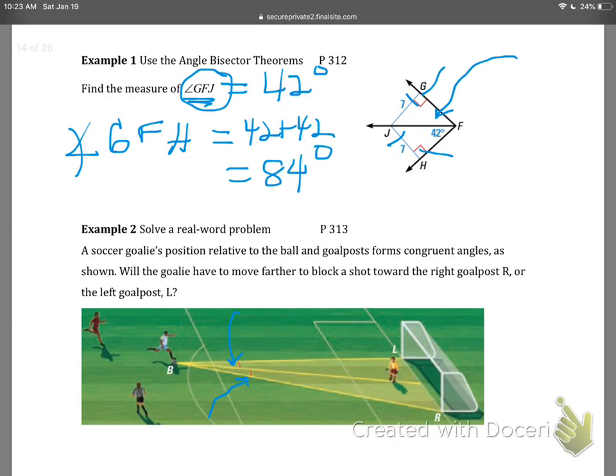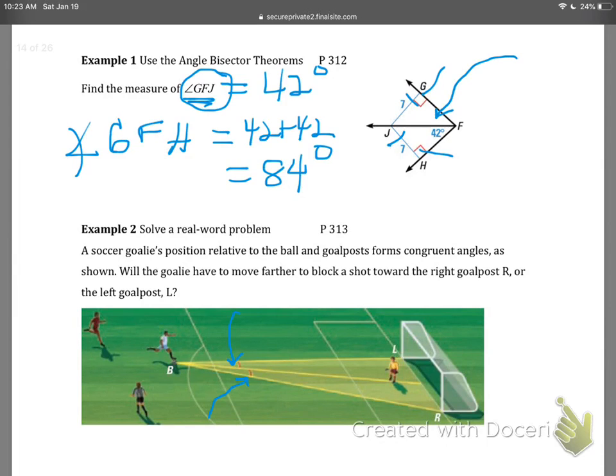So what they are really asking you is, is the goalie equidistant from each post? And he is, provided that this angle bisector is true. You know it's true because the angles are marked equal. Therefore, if he's standing on the angle bisector, then he is always equidistant from both goalposts.